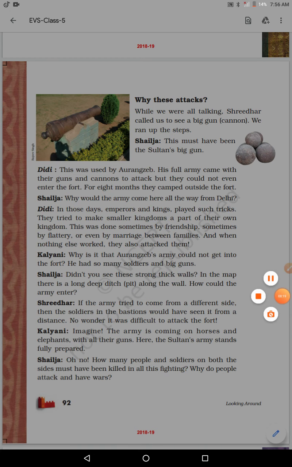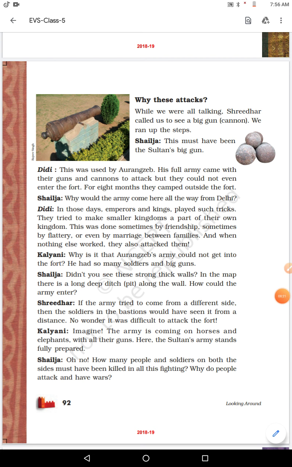Okay, so children were curious why the army came all the way from Delhi. As I told you, that was a time of war. A king would declare war against another king to capture his land, his property, his possessions.